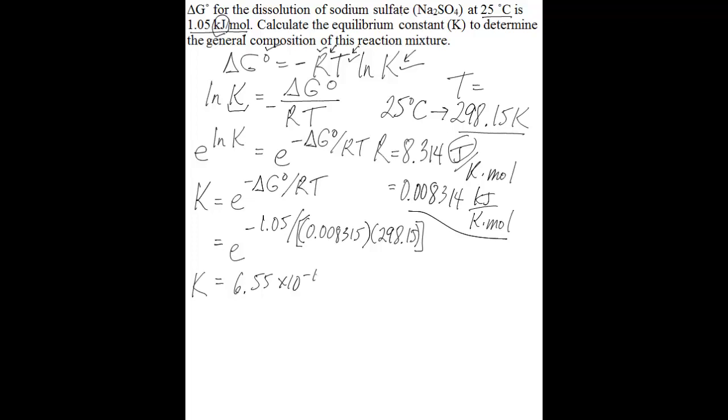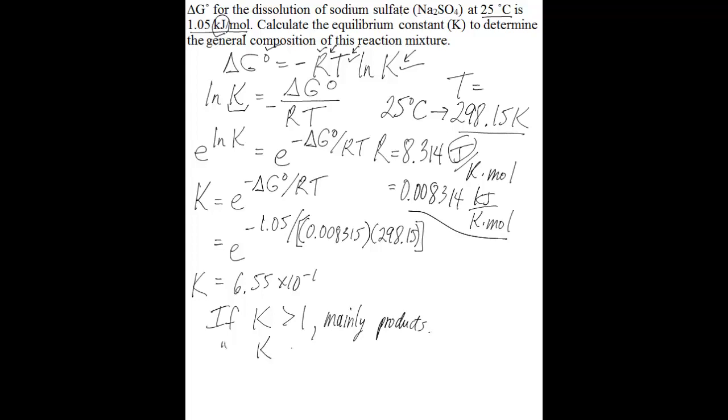So some rules of thumb here. If you have a K value of greater than 1, then you know that your equilibrium mixture is mainly consisting of products, because your K value is large.